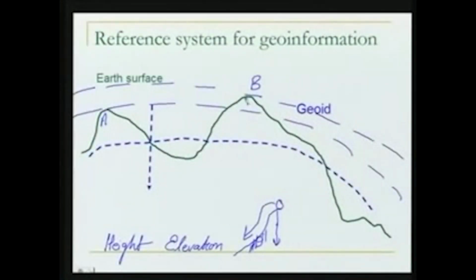Now how are we going to make use of geoid? The height of point B from the geoid is represented by this line. What is this? This is in the direction of the gravity. If from B we meet the geoid at this point, then this is the height of B from geoid.